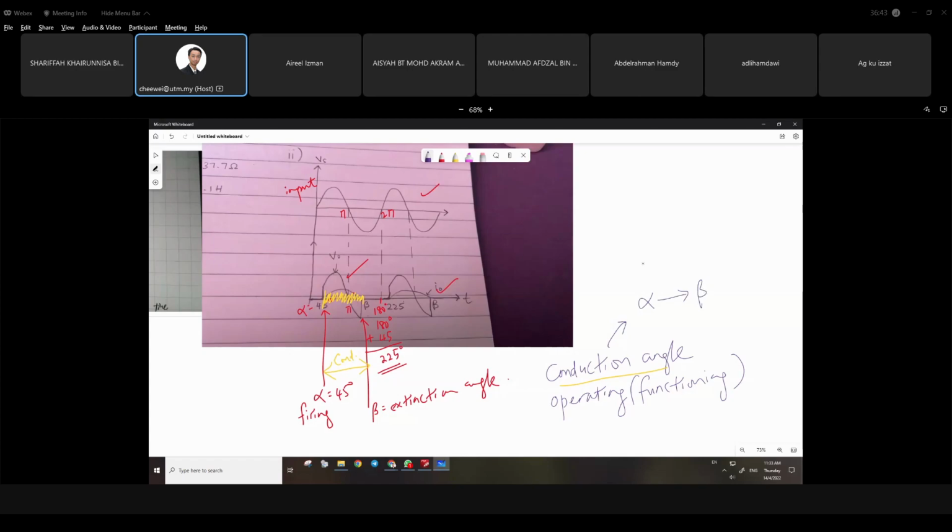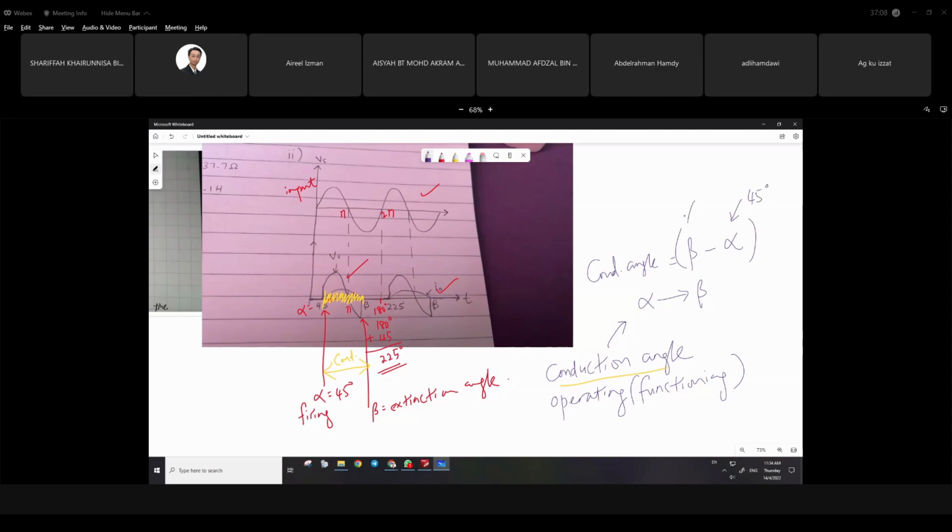In other words, the angle is beta minus alpha. The range from alpha to beta. So take the beta value minus alpha. Your job is to identify what beta is, because alpha is given as 45, right?